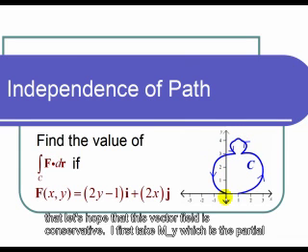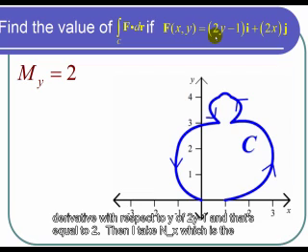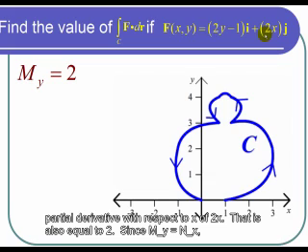Because of that, let's hope that this vector field is conservative. So I first take M sub y, which is the partial derivative with respect to y of 2y minus 1, and that's equal to 2. Then I take N sub x, which is the partial derivative with respect to x of 2x, and that is also equal to 2.